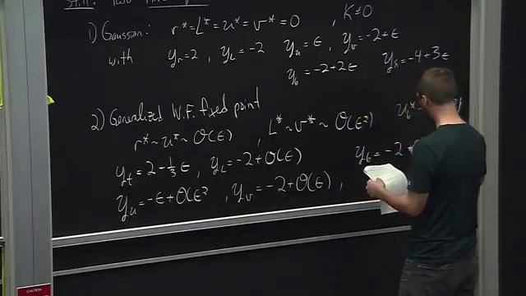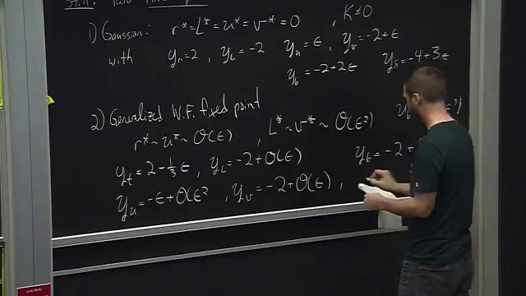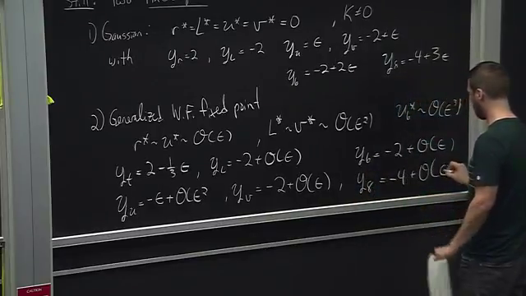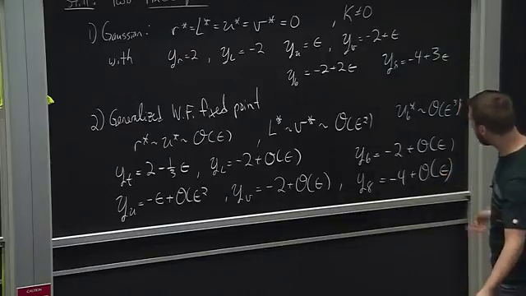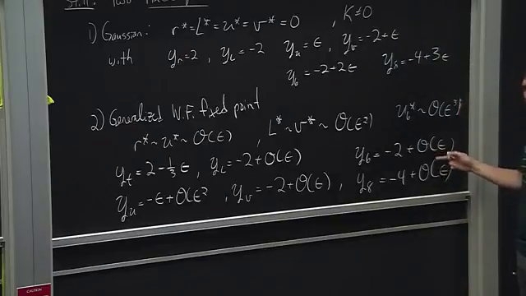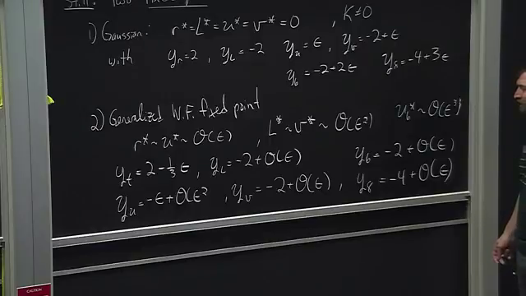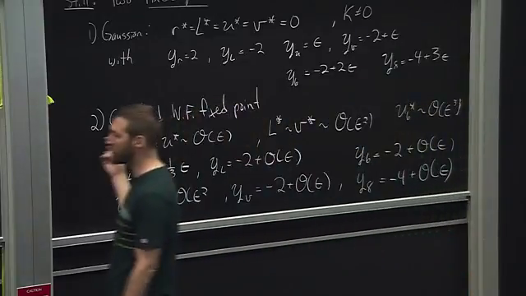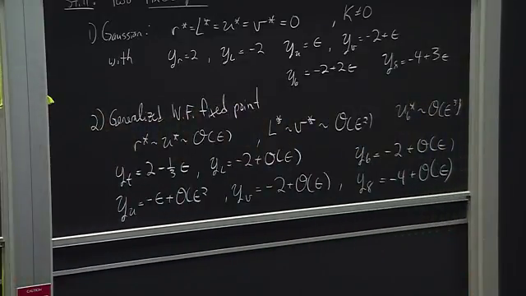Y6 minus 2, Y8. So in particular, these higher order phi 6 and phi 8 interacting terms, you see they're getting more and more negative. So your relevance is really restricted to just one direction, or 2 if you have a field.